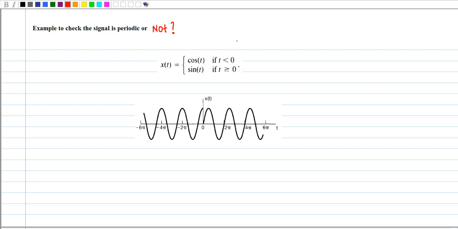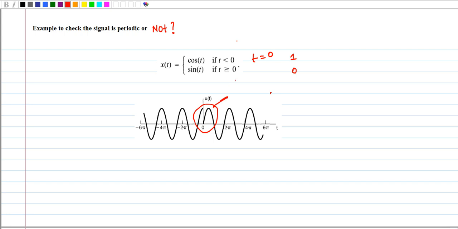Now here is an example of whether this signal is periodic or not. There is a pattern at the origin. When we take t equal to 0, cos 0 gives 1 and sin 0 gives 0.